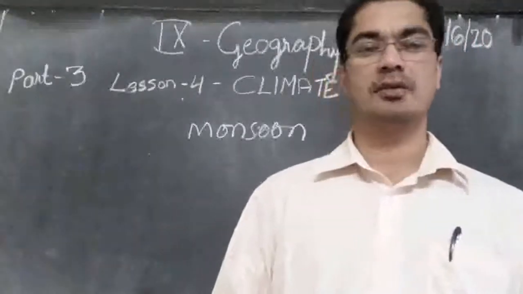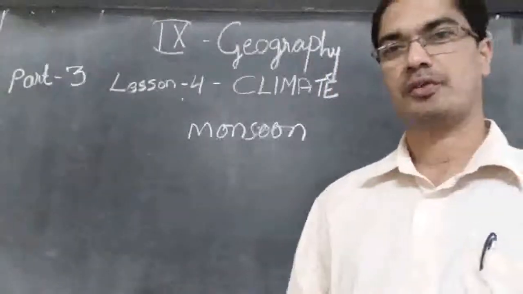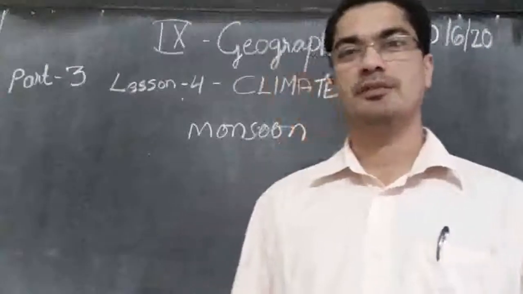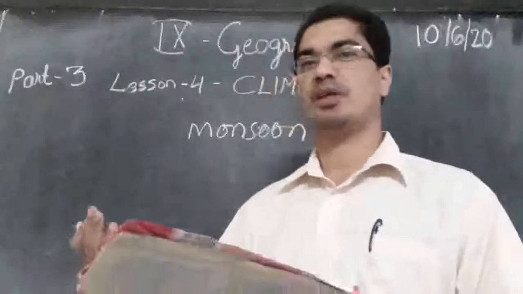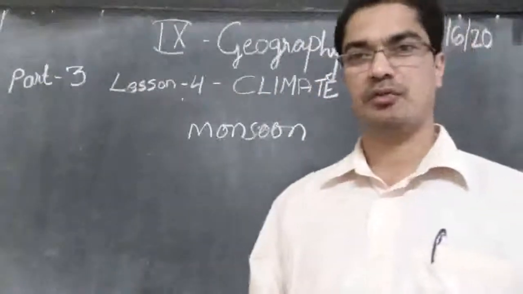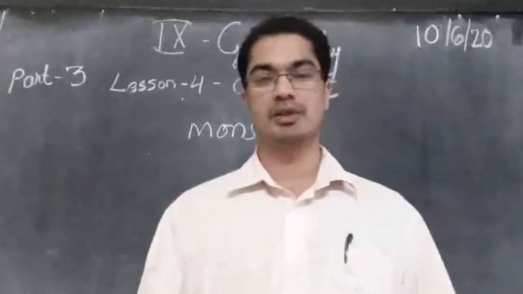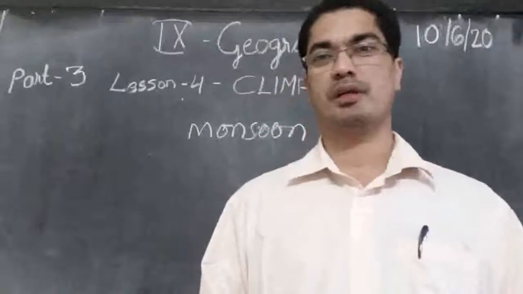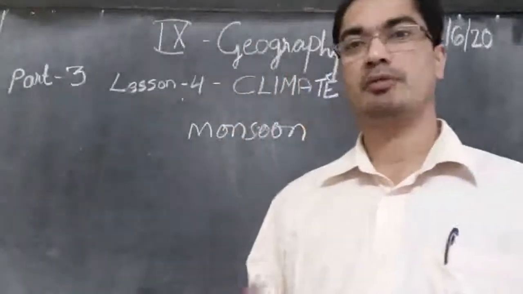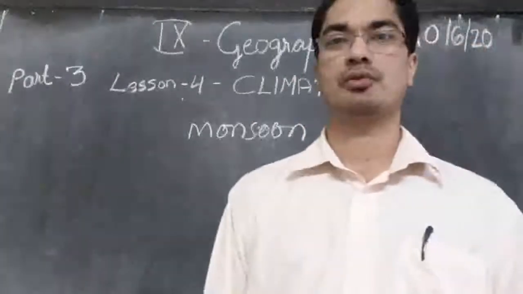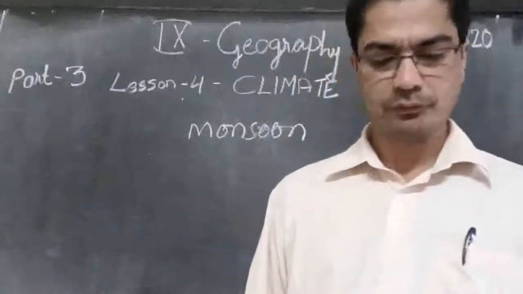Always we receive the rainfall from the south in the first week of June. It starts from the south, then slowly it advances towards the northern side of India. So let us see what causes that monsoon rain, or what brings that monsoon rain into our country, and how we benefit from that monsoon wind and so on.